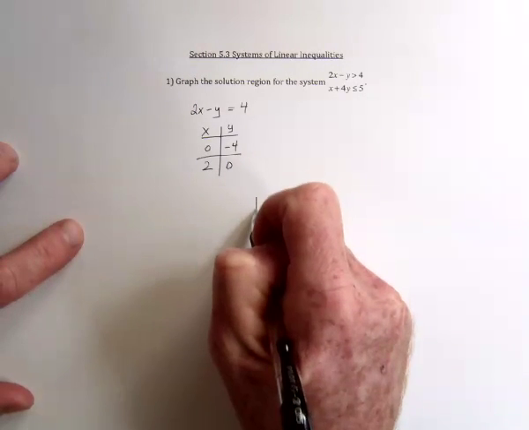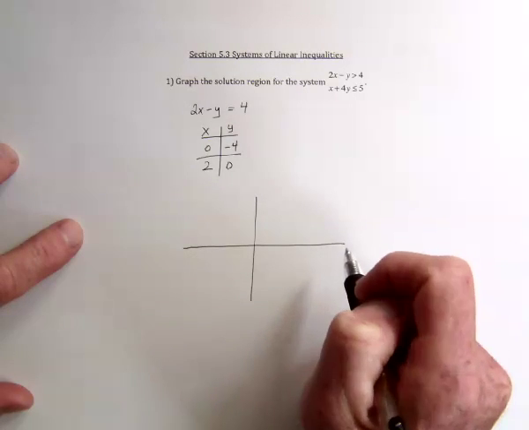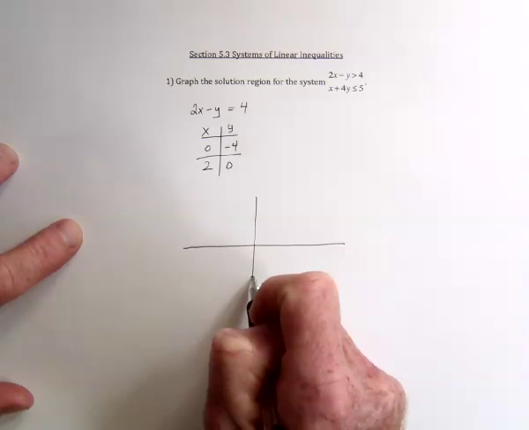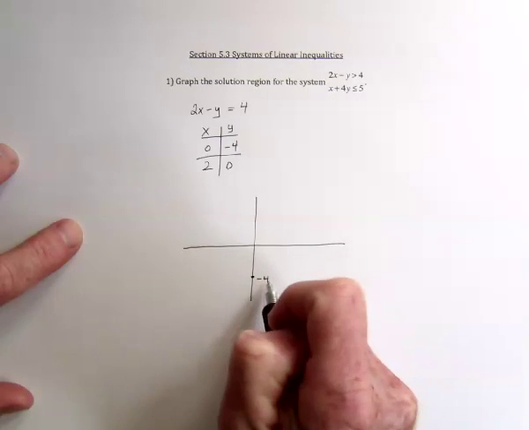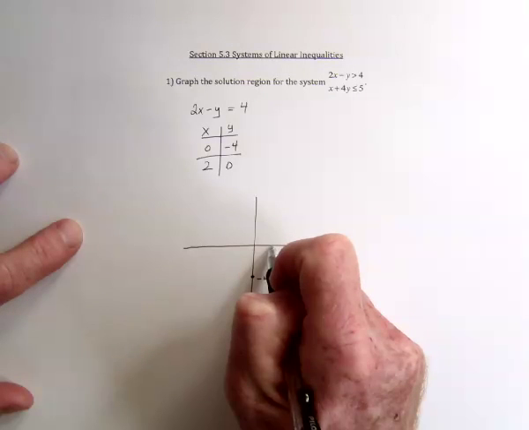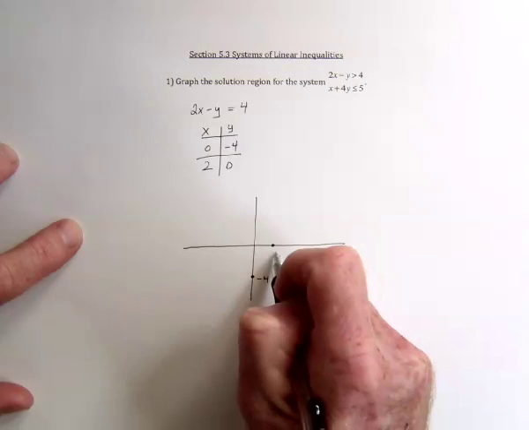Okay, now graph that line. So we've got 0, -4, and 2, 0. So the x-intercept is at 2.